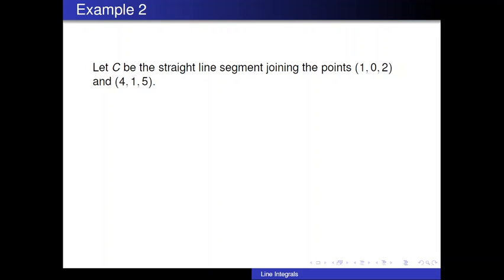Well, we remember from chapter 12, section 5, way back at the beginning of the term, how to find the parametric equation of a line that passes through some given point and points in the direction of some given vector. This line passes through the point (1, 0, 2), and it goes in the direction of the displacement vector that goes from (1, 0, 2) to (4, 1, 5) in space.